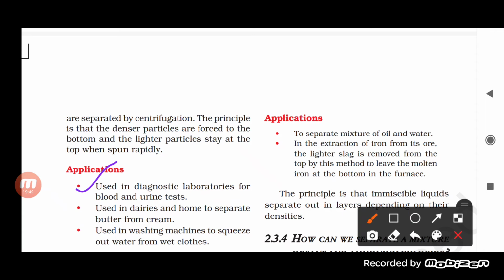But centrifugation is nothing but the use of the churner. When we rotate the churner, it makes the lighter particles combine together and become a heavier one. Okay, so this is also an application of centrifugation. Okay.